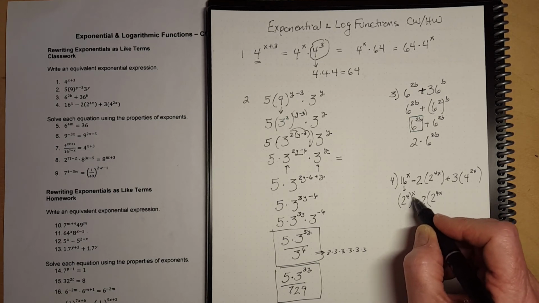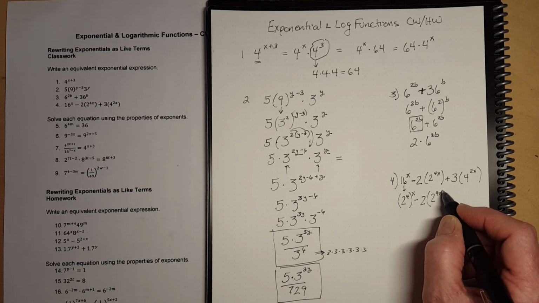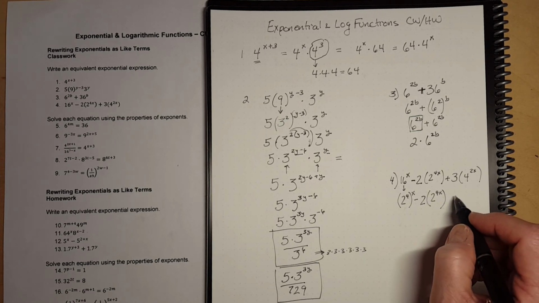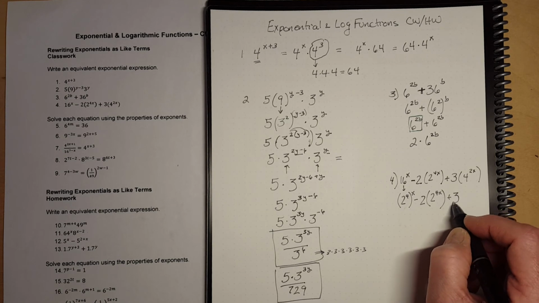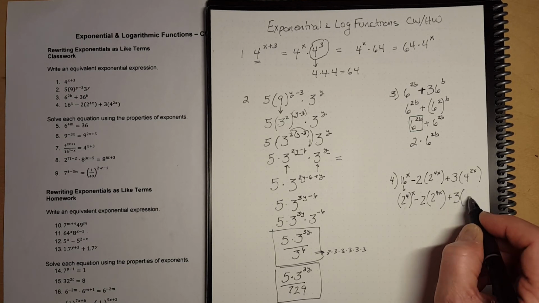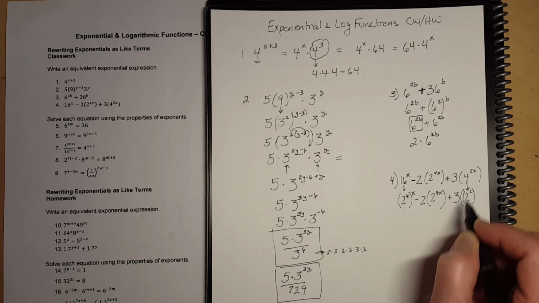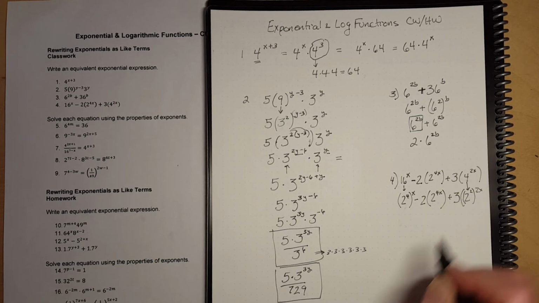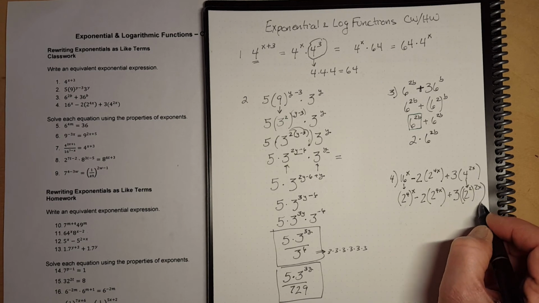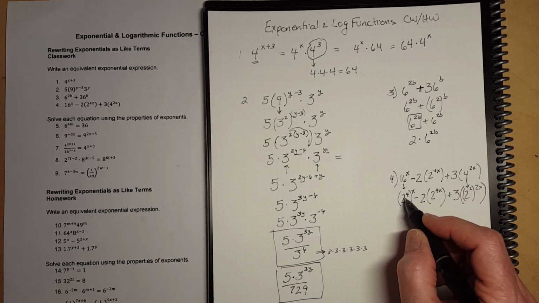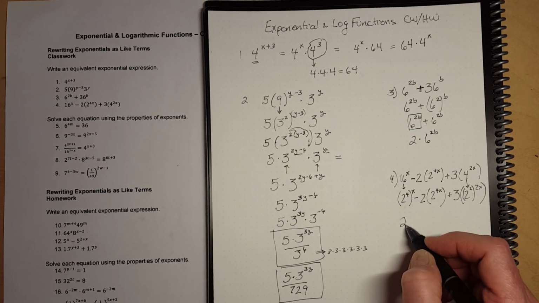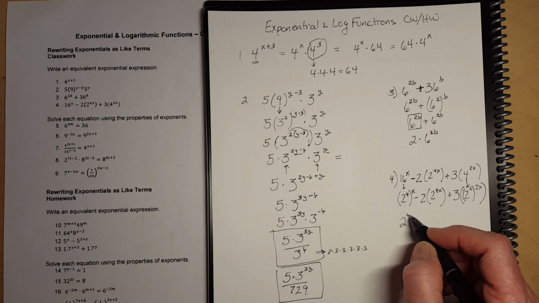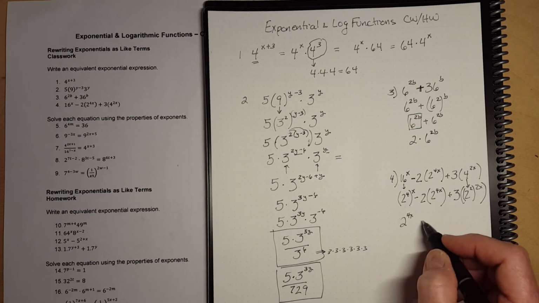So I can see this coming, that 2 to the 4x is going to be my common piece here. And I have 3 times, and now 4 is 2 squared. So I'm going to rewrite 4 as 2 squared, and that's raised to the 2x. So this first one, 2 to the 4th raised to the x. When I raise a power to a power, I multiply, so I have 2 to the 4x.